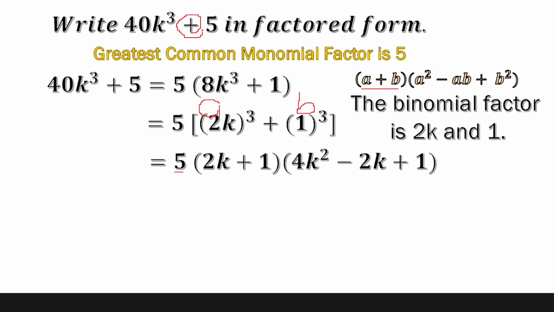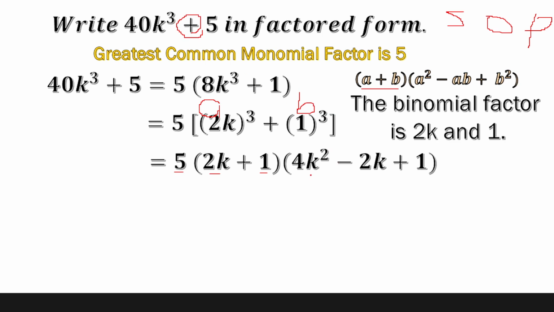Positive ang ating sign. Remember, SOP. First sign is same. So, A plus B. Ito yun. 2k, 1, plus. Same sign eh. Diba? Next. Opposite. Ang second sign natin is opposite. So, positive to magiging negative.